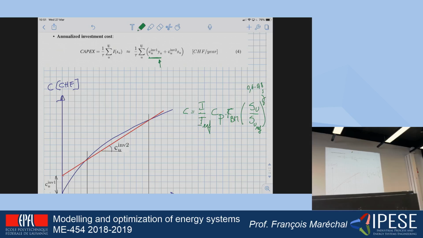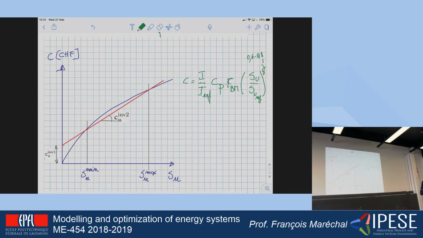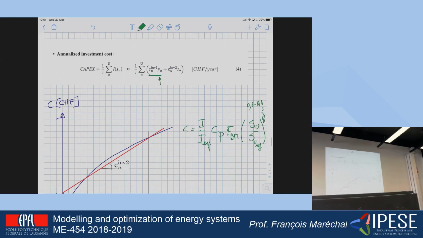I select the unit, and in this case I will have to pay a fixed cost, which is the fixed cost that I can read here. Okay? And then I'm going to say that the cost of the unit, U, will be approximated by a fixed cost plus a proportional cost multiplied by the size.